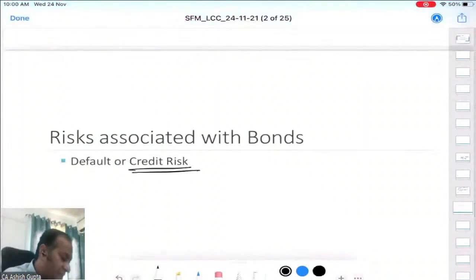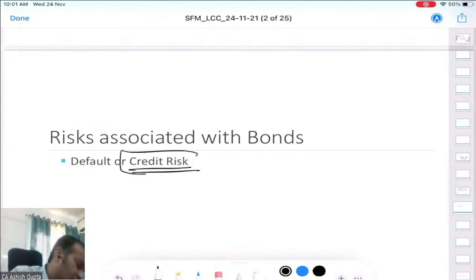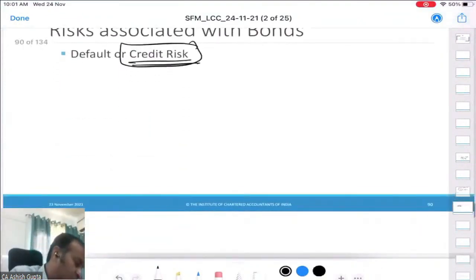Another very important risk is called default or credit risk. If you have heard the case of Templeton mutual fund, somewhere around May 2020, in the lockdown time, the company defaulted. The company could not repay the debenture holders, their mutual fund unit holders. So what happens in that case?